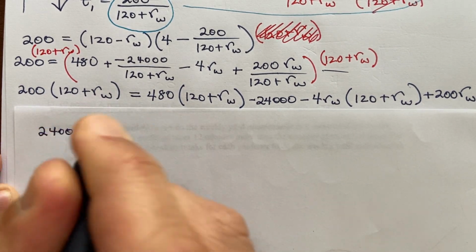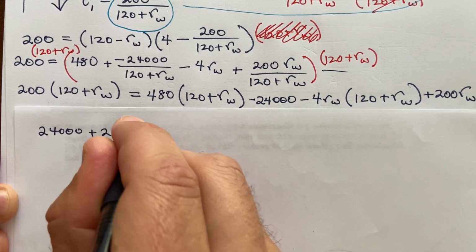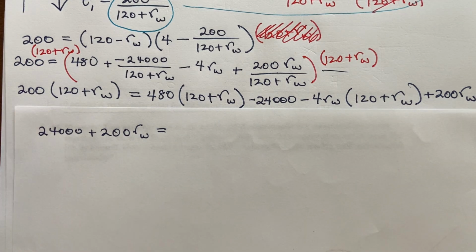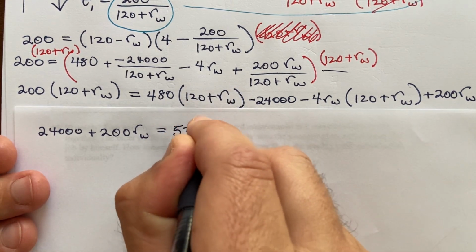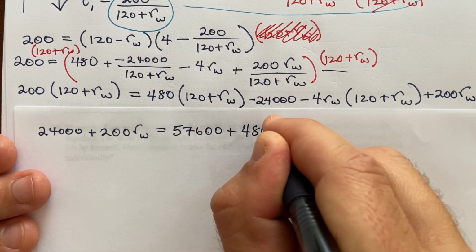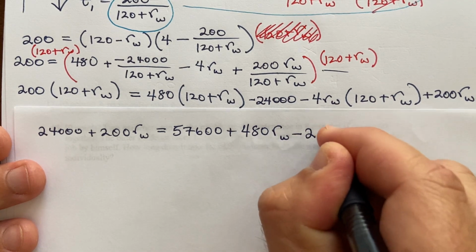So 24,000, and then distribute the 200, so I have plus 200 R sub W equals, distributing the 480, that's 57,600, and then plus 480 times R sub W, minus 24,000.